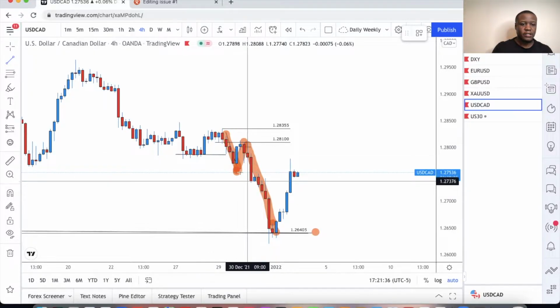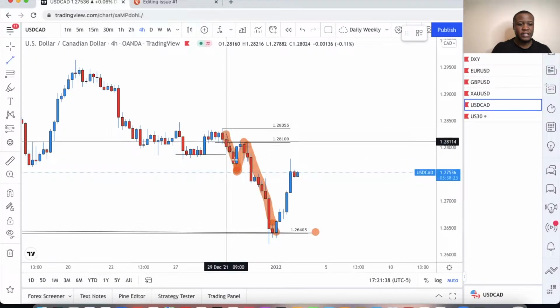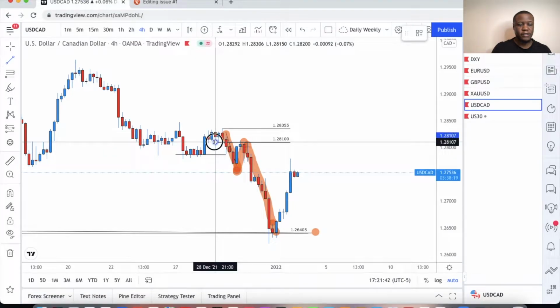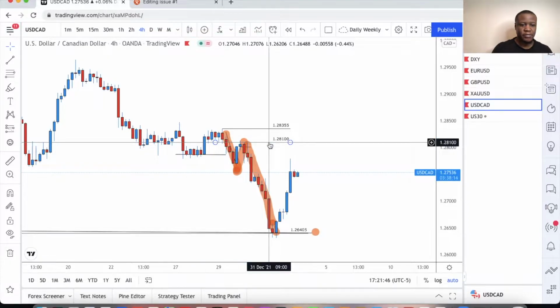and we had this higher time frame key level 4 hour right here. All right, when we had that impulsive move.